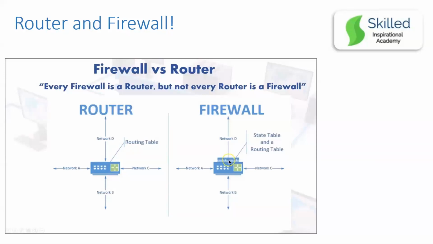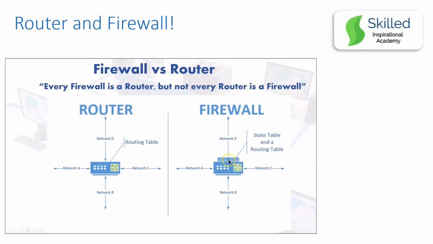A router is also a networking device. A firewall is also a networking device. But what do you think a firewall can do that a router cannot? What do you guys think? Just asking from your own experience, maybe you have worked on firewalls, what do you think is the difference between the firewall and the router? What do you guys think?